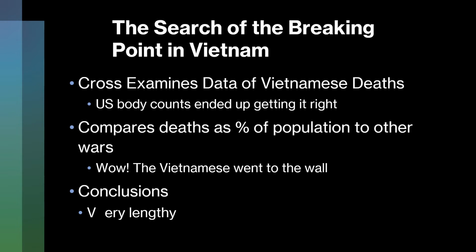And what's interesting here is he looks at the data, and he ends up coming to the conclusion that for all the documented cases and all the idea that body counts by the U.S. military were inflated, well, no, actually, when we think in terms of the total war and large numbers, total population, U.S. body counts were more or less dead on.